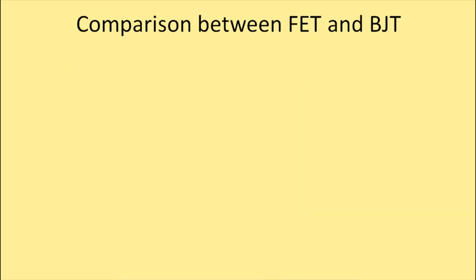Students, now we move on to the last topic of this particular chapter, that is comparison between FET and BJT. There are several differences between the two. I have listed out a few of them here, the ones that are mostly easier ones. So the first basic difference between BJT and FET is BJT is a bipolar device.